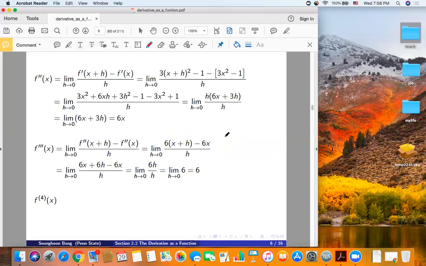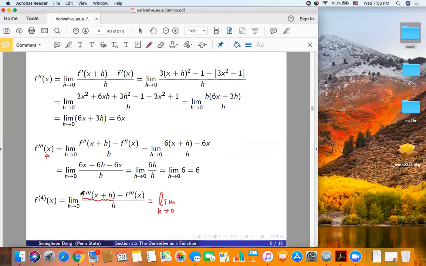Last one, the fourth derivative is the limit of the third derivative at x plus h minus the third derivative of f at x, over h. So you plug x plus h into here. What's the third derivative at x plus h?